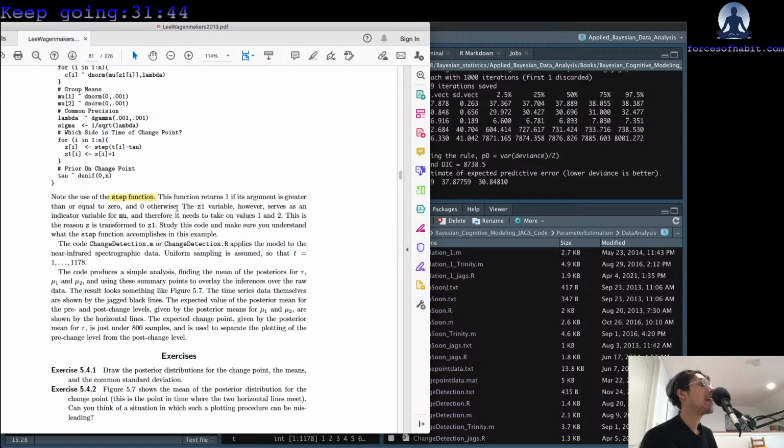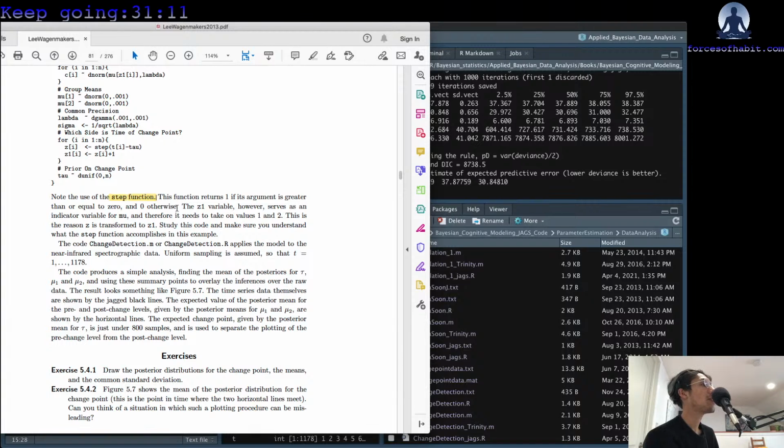And then we feed that in. Because mu is parameterized as being represented as mu, either 1 or 2, we reparameterize z into z1 so that z's at 0 are equal to 1 and z's at 1 are equal to 2, thus mapping back on to the group means that we identified above.